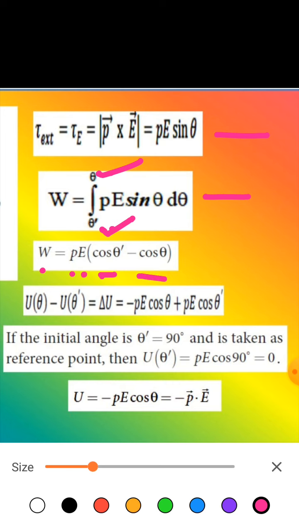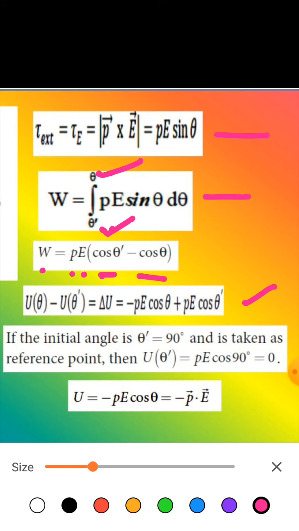So it is otherwise written as the electrostatic potential energy: U of theta minus U of theta dash is equal to delta U, which is equal to minus P E cos theta plus P E cos theta dash.